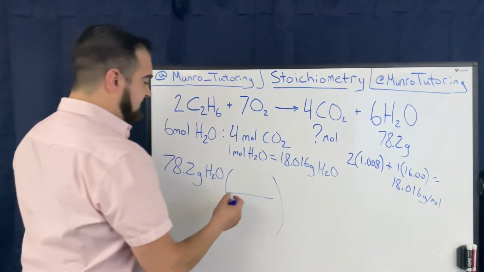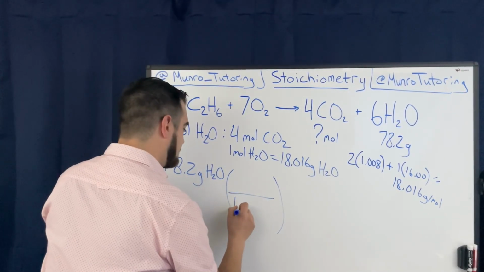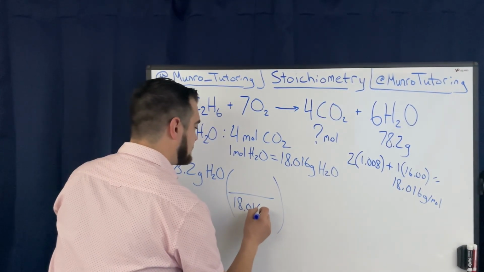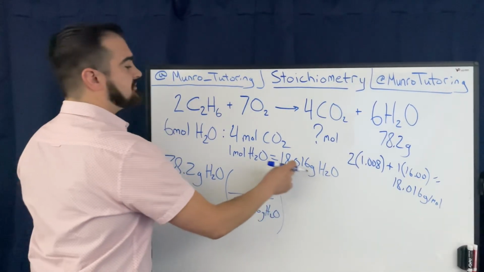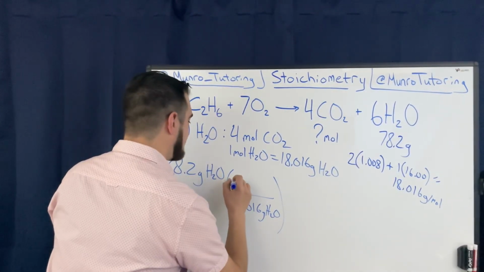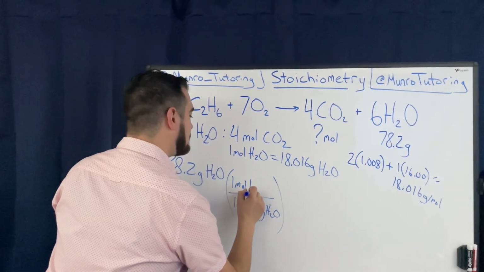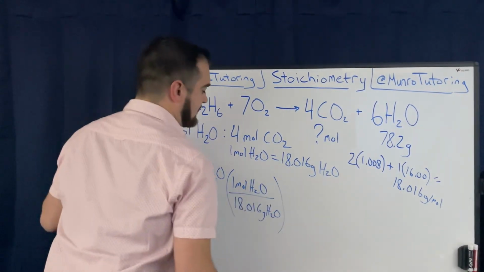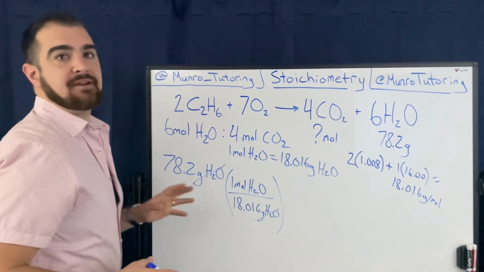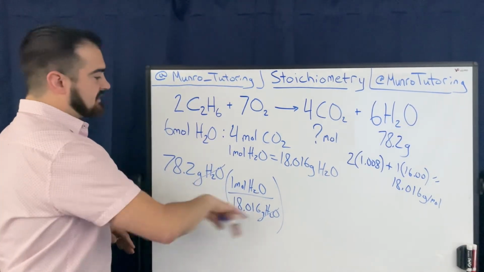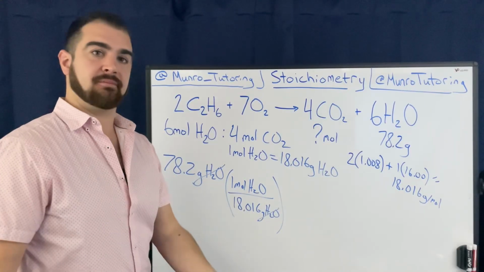So 18.016 grams of H2O is going to go down here. The other side of the equal sign has to go on the top. That's 1 mole of water. And so grams of water and grams of water cancel out. If I stop the problem now and I just did this math, I would have moles of water.